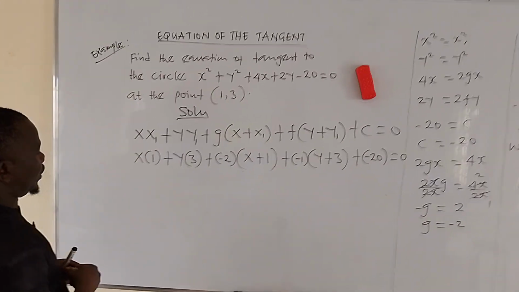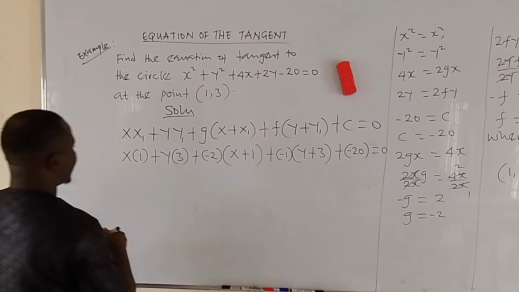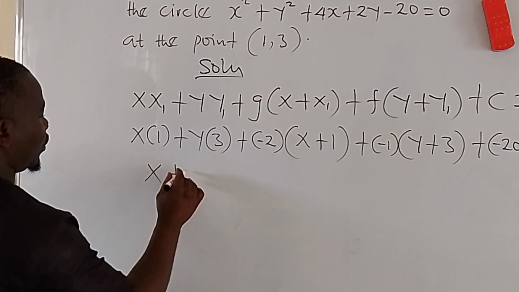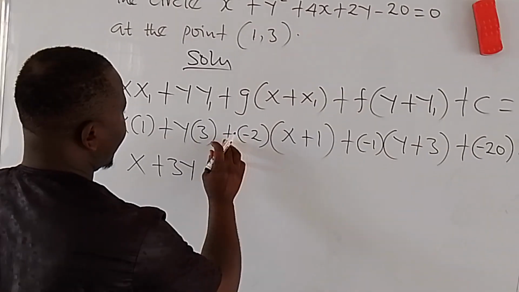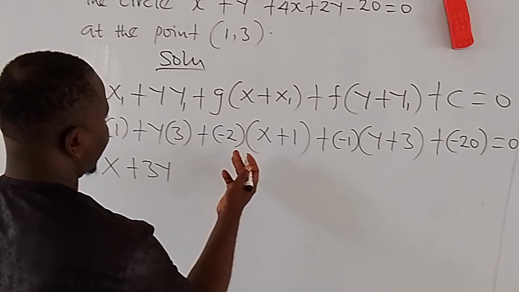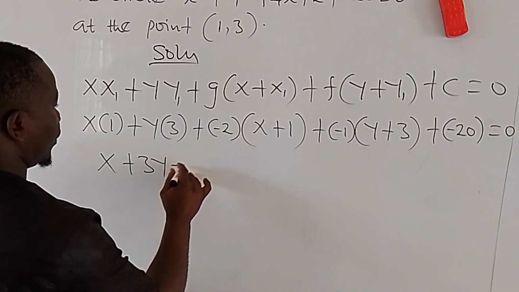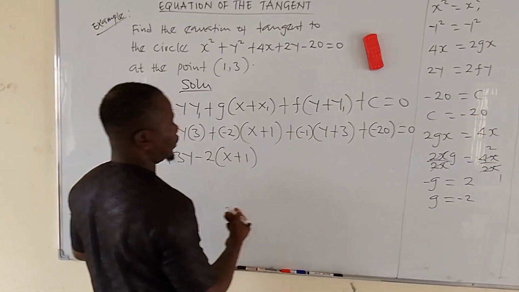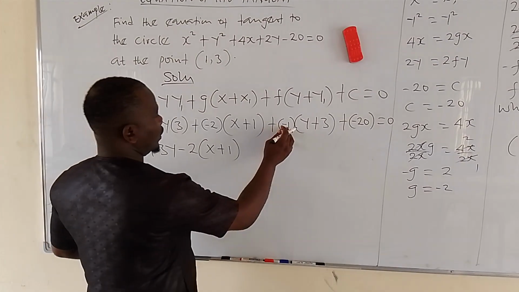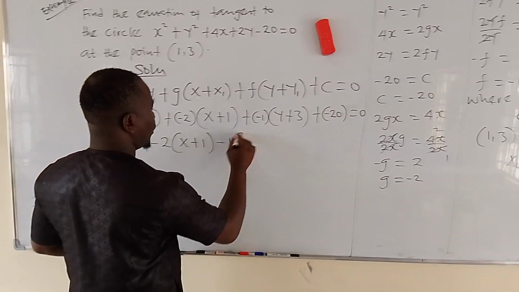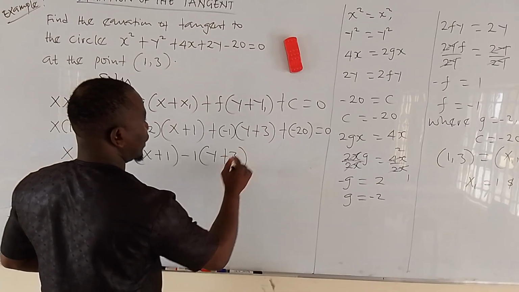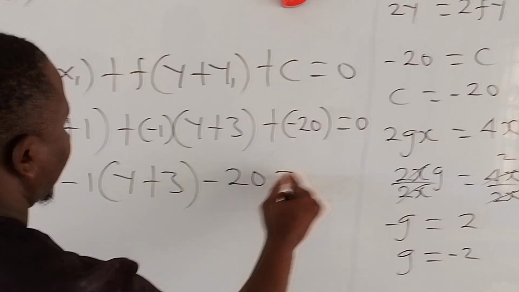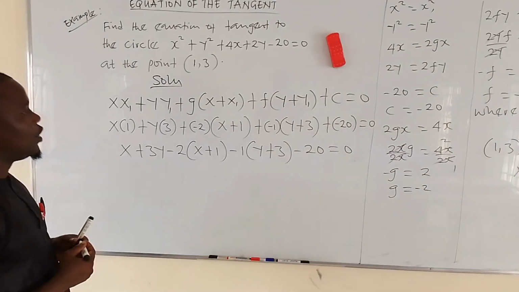Okay, so if you agree with me, we are going to multiply out. x times 1 is the same thing as x. Then y times 3 is 3y. Then plus times minus is minus, so minus 2 in bracket x plus 1. I will break it down so that everyone will understand. Then minus 1 in bracket y plus 3. Then minus 20, which is equal to 0.